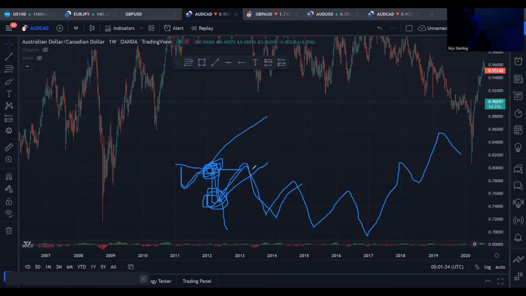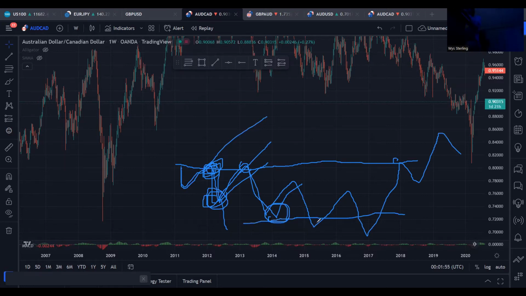If it is at the top of the chart like this, we call this resistance because it resisted going upwards. And when it is at the bottom like this, we call this support.